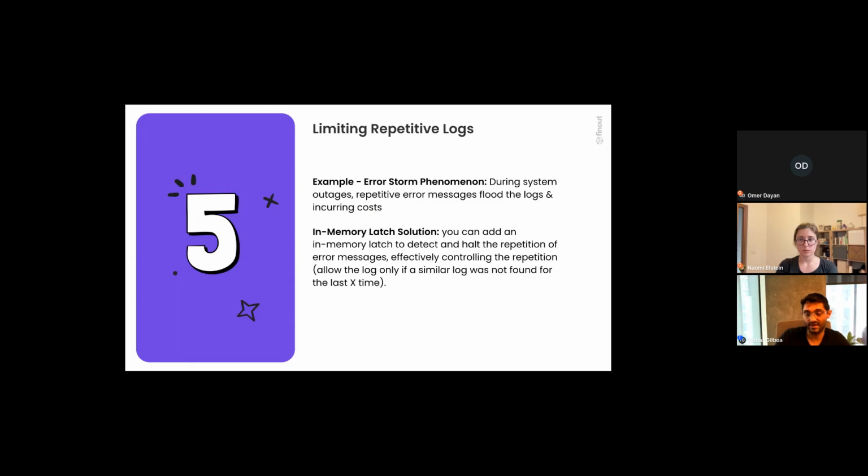And for the end user who needs to analyze these logs, all that matters is that there was an exception. So what we can do about that is to add an in-memory caching or a latch layer that aggregates all of these exceptions and only logs what's relevant, that there was an error and all the relevant data in a single log message if it occurred in a certain period of time.